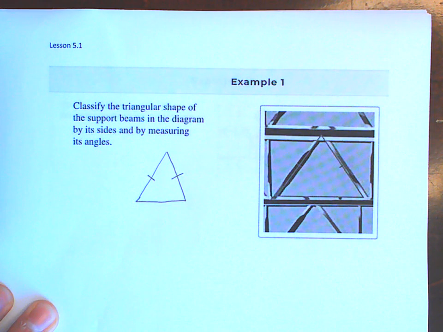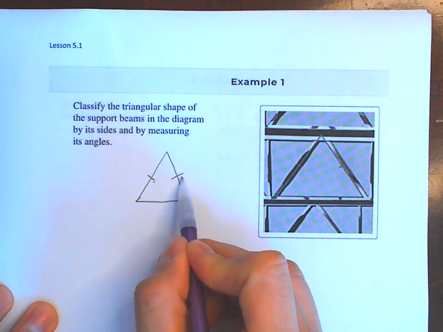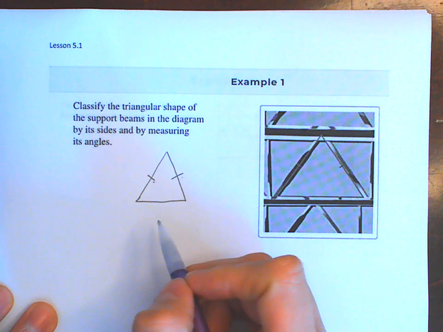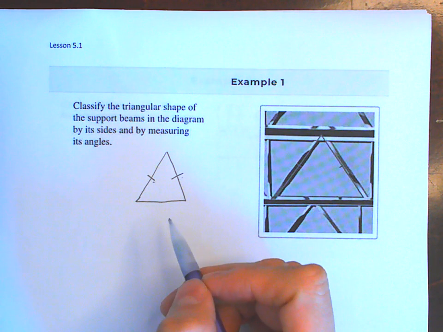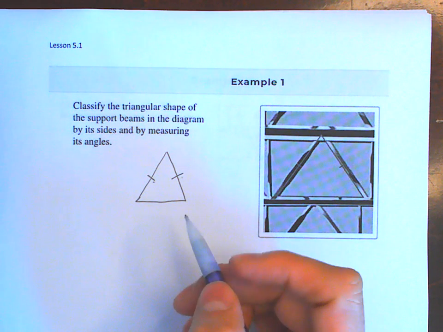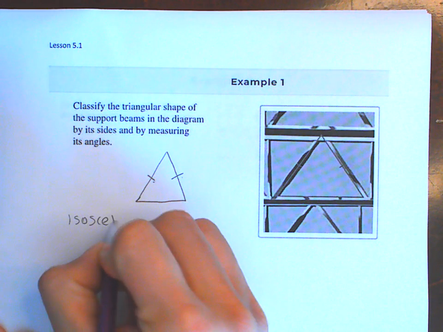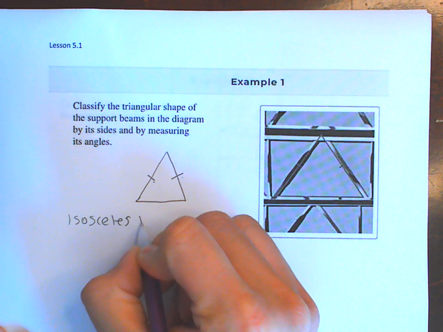So if we just look at the sides, you notice that there are two sides that are congruent. So based on our definitions on page 125, this is going to be an isosceles triangle.